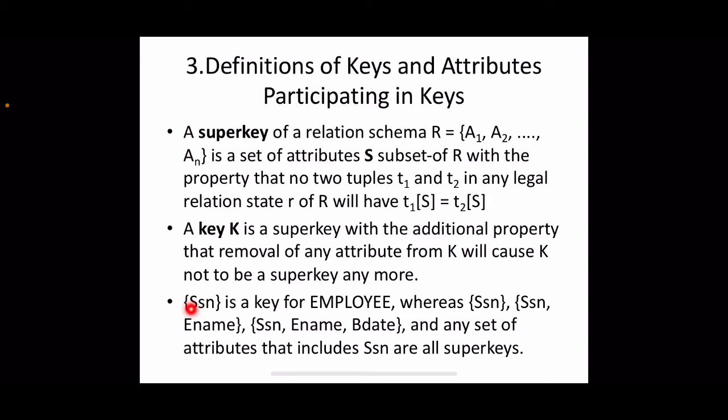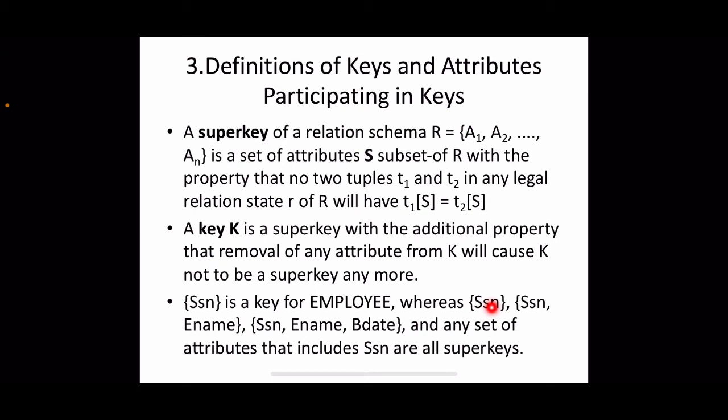In our company database, let's take the employee relation schema as an example. SSN we have found as the key for this employee relation schema. Now SSN; SSN and ename together; and SSN, ename and birth date together. These three can be treated as super keys there, because each includes SSN. Definitely no two different tuples will have the same combination of any of these attribute sets.